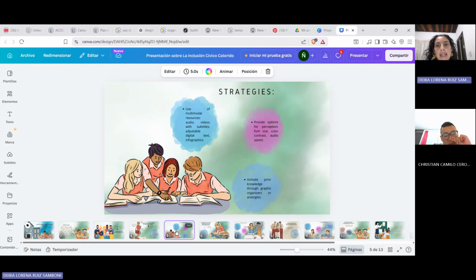Strategy: use of multimedia resources, audio, videos with subtitles, adjustable digital text, infographics. Public options for perception: size, color, contrast, audio speed. Activate prior knowledge with graphic organizers or analogies.